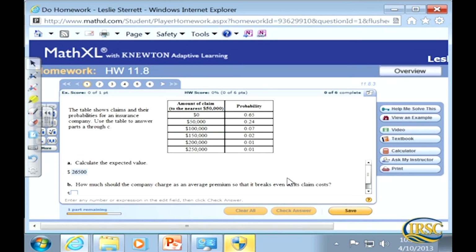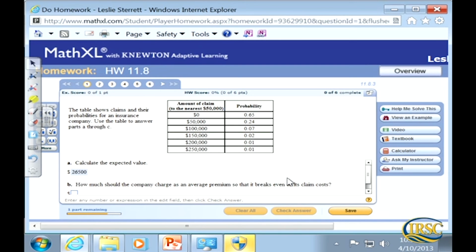Over the long run, each of your clients is going to cost you $26,500. Now, some clients will cost you nothing. Some clients will never make a claim on their insurance. But then you'll have other clients that cost you a lot, and you have to pay out a whole $250,000. But over the long run, it's going to cost you about $26,500 to make sure that you can take care of all of your clients.